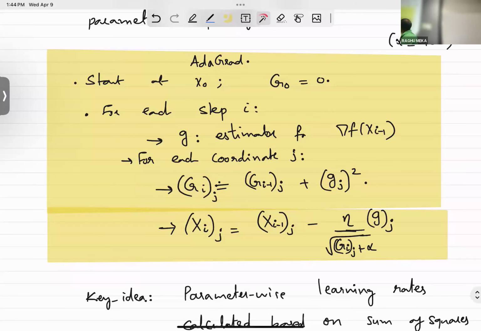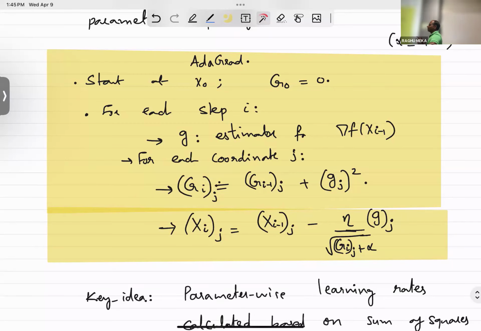Instead, you can do something a bit more like a weighted average, meaning I don't have to add up the sum of squares of all of the previous 1,000 rounds. I'll have an exponential decay so that I give more importance to things that I've just seen. Like the last 10 rounds should be more important in determining the step size for the next round than what I saw 1,000 rounds ago. So this exponentially weighted thing is called RMSprop. We'll talk about that in the next lecture.